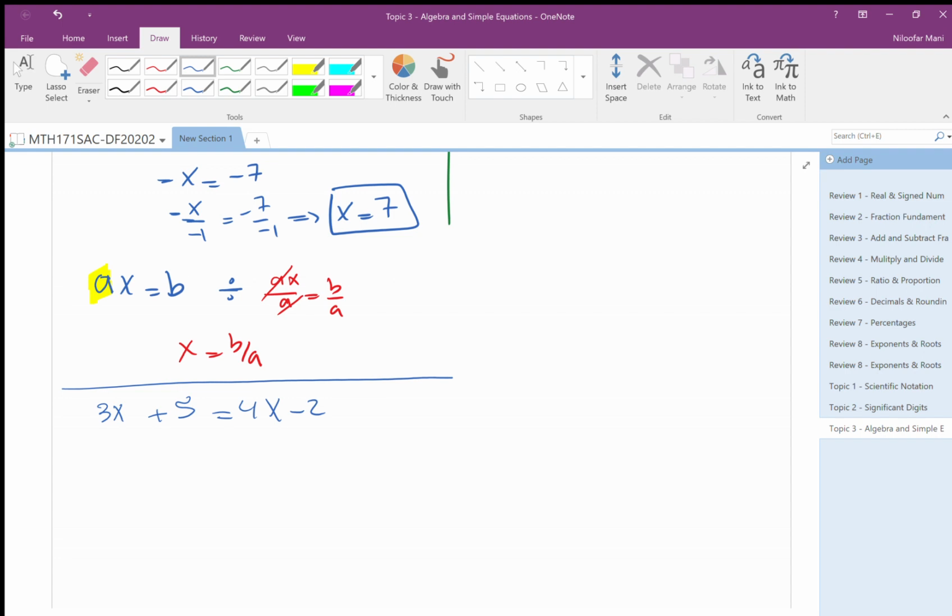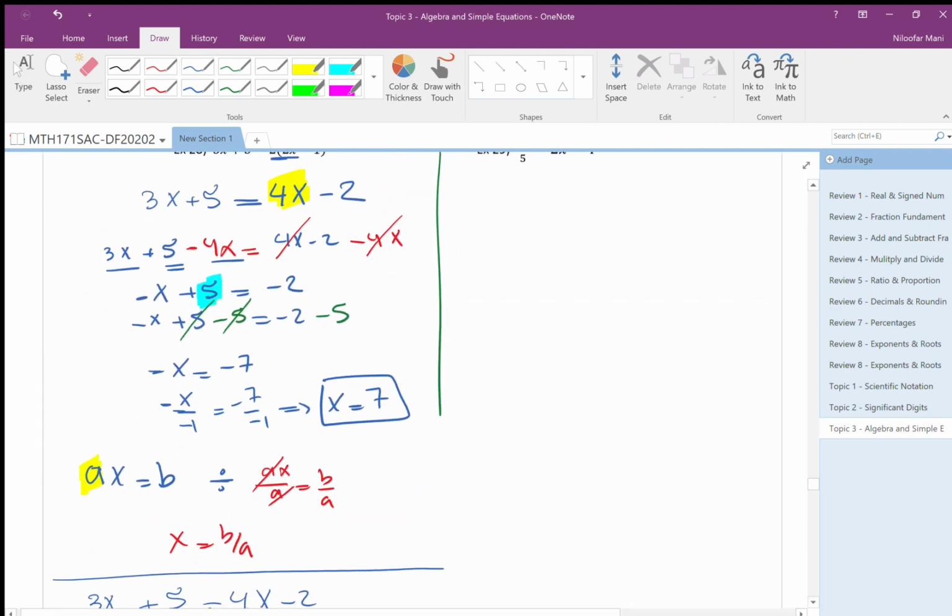When I move, I change the sign. Look at this: when you move this, it moves to the other side and it is negative. How about 5? 5 moves to the other side and it's negative. So instead of plus, I do negative when I move it.